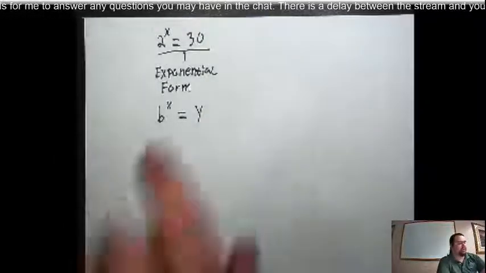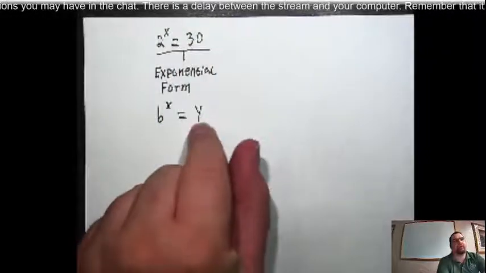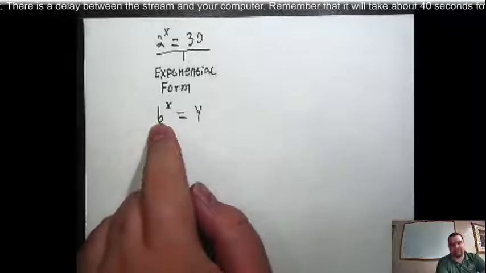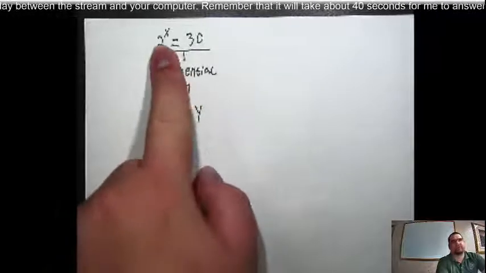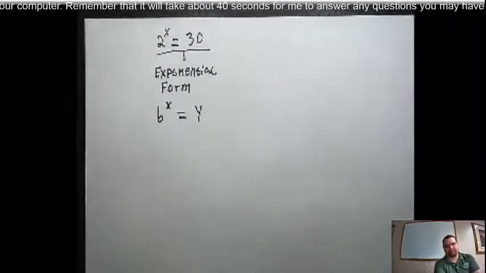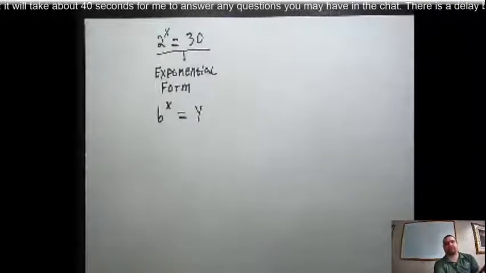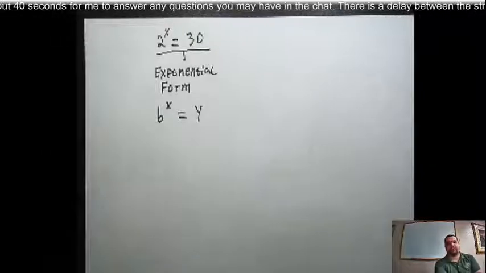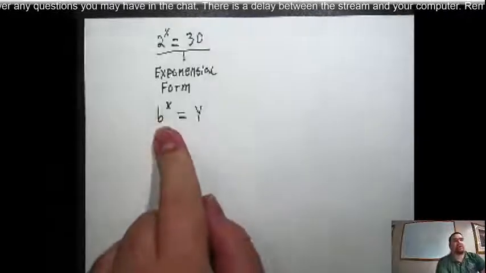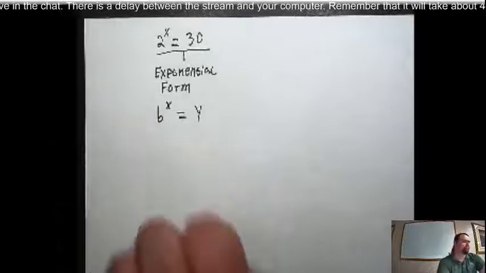So we have 2 for our b, x is obviously x, and then 30 for our y. Now b is the type of counting system that we're using. So for instance, we're using 2 here. What I mean by that is if we think about the powers of 2, so 2 to the first is 2, 2 to the second is 4, 2 to the third is 8, so on and so forth. That's the counting system. We're counting by the powers of 2. So the b is called the base, and the base is defining what our counting system is.